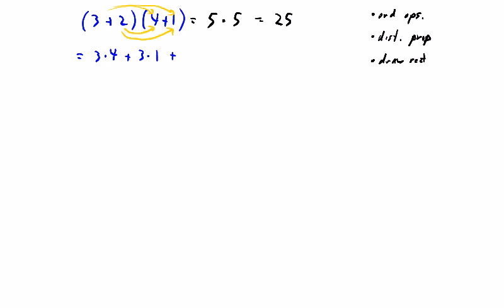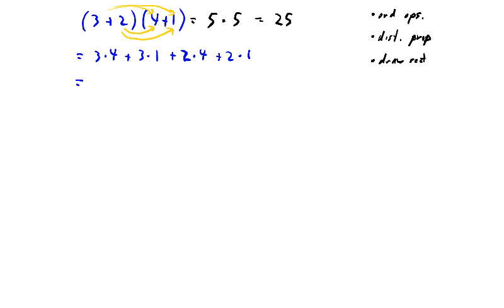So notice the first term in the first factor gets multiplied by every term in the second factor. If there were more than 2, we would just multiply it by every term. And then the second term in the first factor gets multiplied by every term in the second factor. So let me continue. We would write 2 times 4 plus 2 times 1.